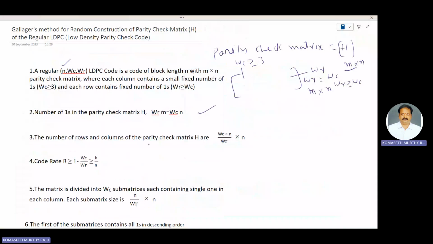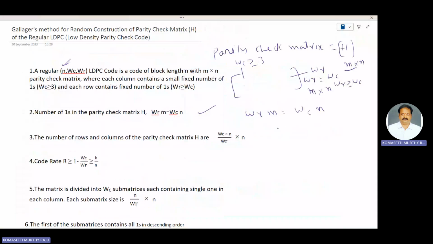The number of rows and the columns of the parity check matrix are related by WR into M is equal to WC into N. In a regular (N, WC, WR) LDPC code of block length N, we know the N value, WC value, WR value.